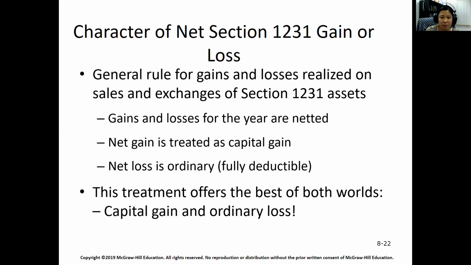So the treatment for section 1231 assets is very good because we have capital gain and ordinary loss. Capital gain is better than ordinary gain because we can use capital gain to absorb capital loss. And ordinary loss is good because we can always deduct it.